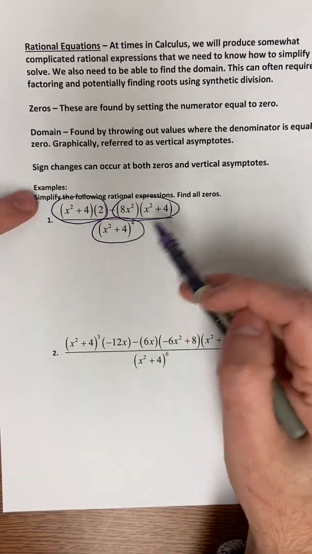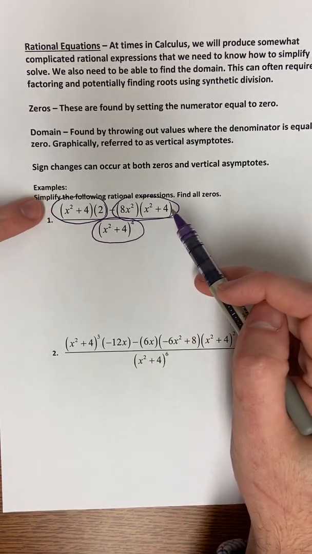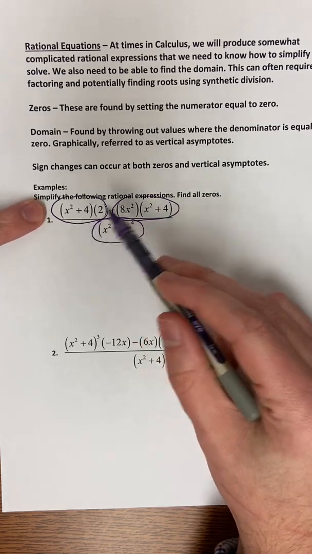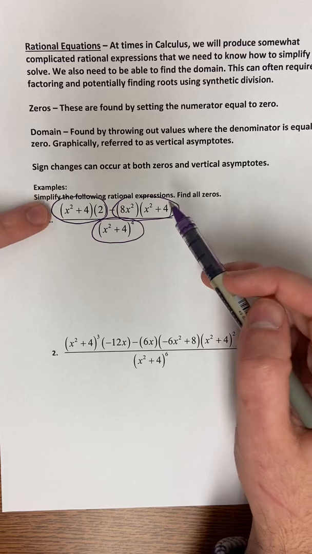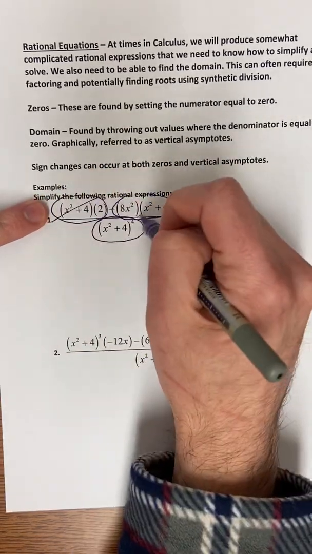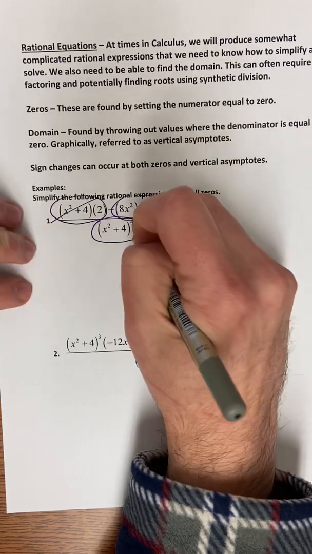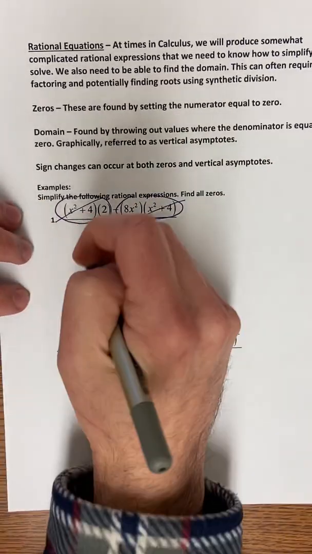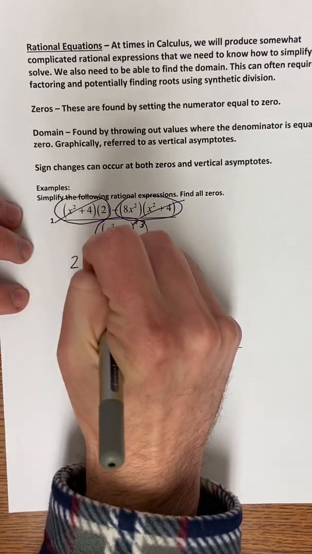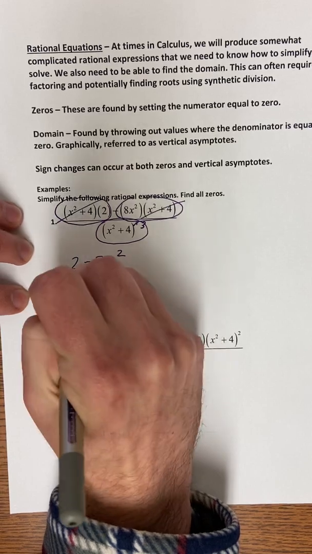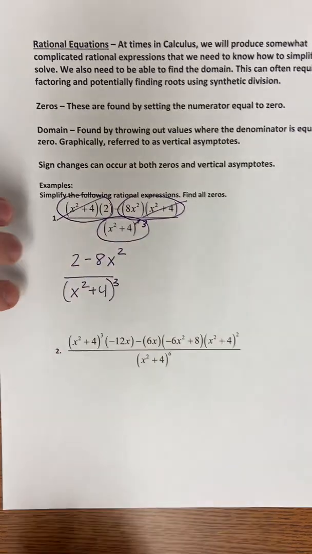The fewest amount that we see is 1 in both of the terms in the numerator, which means I can remove 1 x squared plus 4 from each of these terms. That will cancel out both of the numerator x squared plus 4s, but there are 4 of them in the denominator, so we'll only reduce to 3. What that will leave us with is 2 minus 8x squared over (x squared plus 4) to the 3rd power.